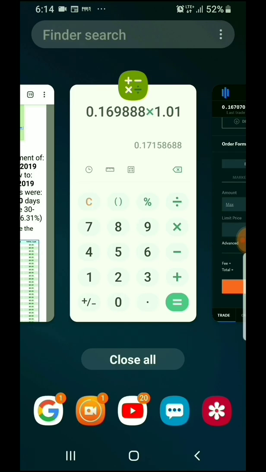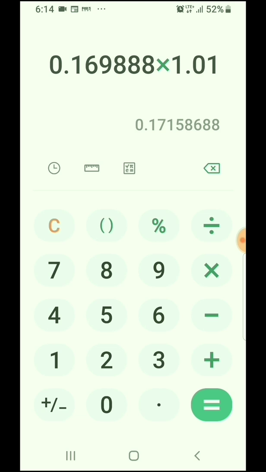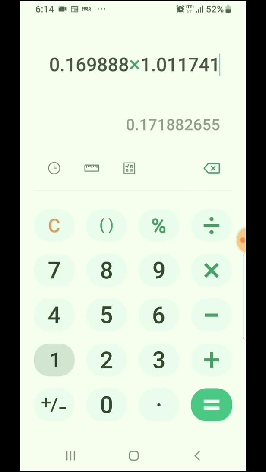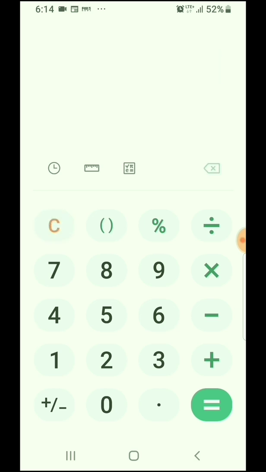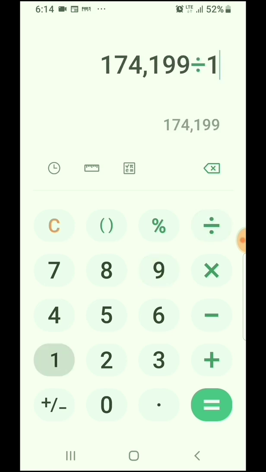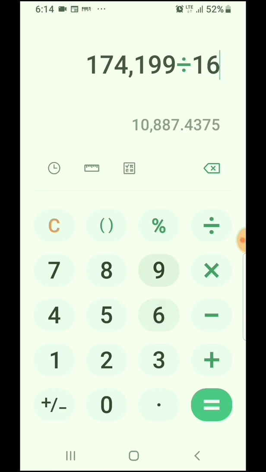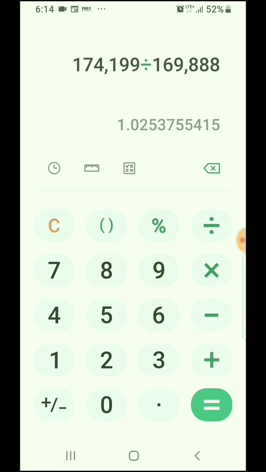So let's go back to that right now. So it'll be 0.174199, right after I clear all this stuff out first. Okay, 0.174199 divided by 0.169888. Okay, that gives me 2.53%.